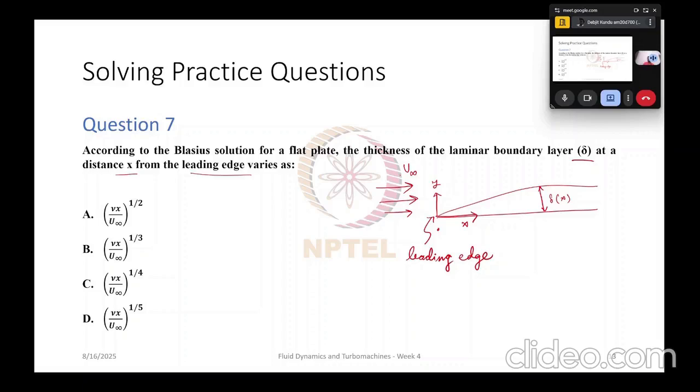So is it nu x over u infinity power half? Is it option B, nu x over u infinity power 1/3? Is it nu x over u infinity power 1/4? Or is it nu x over u infinity power 1/5?